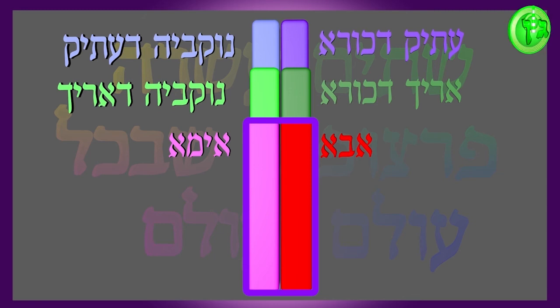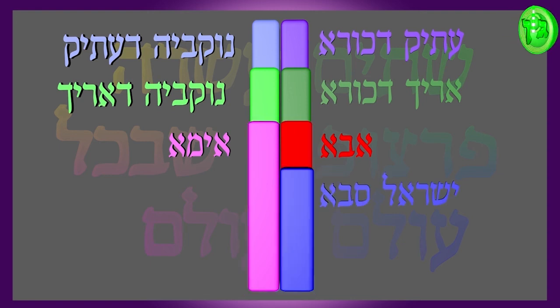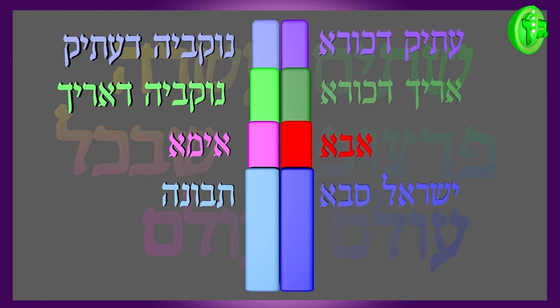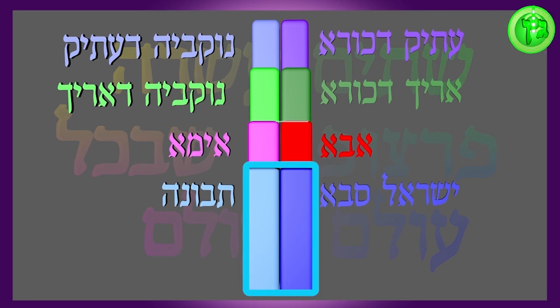But before we get into all these details, we'll first learn how after Abba and Ima come the Partzuf known as Yisrael Saba in the color blue, as well as the Partzuf known as Tevuna in the light blue color. And yes, they too combine to make up the male and the female sides of another general Partzuf, as we'll also learn in depth in the near future.